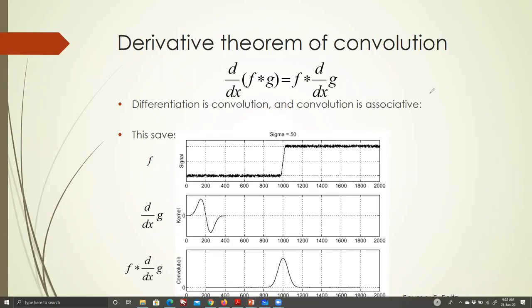What is the first order derivative of a Gaussian? Anyone?